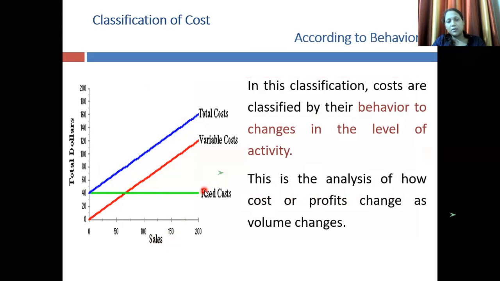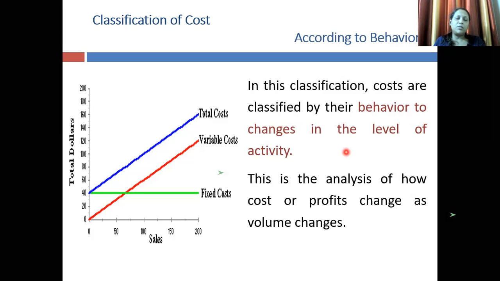Fixed cost is a constant cost. That's why this is a straight line. And fixed cost cannot be varied. This is the analysis of how cost or profits change as volume changes.